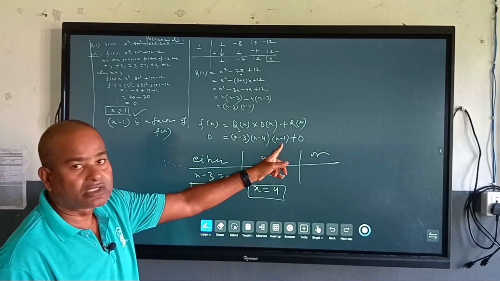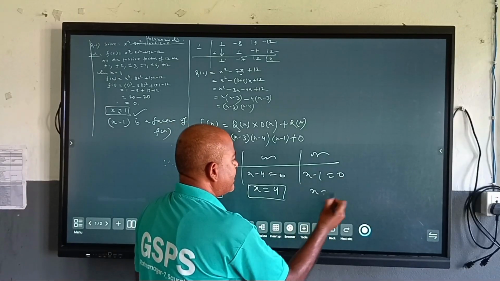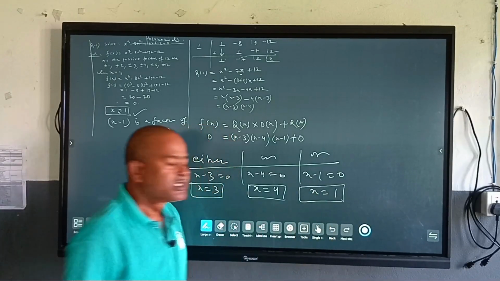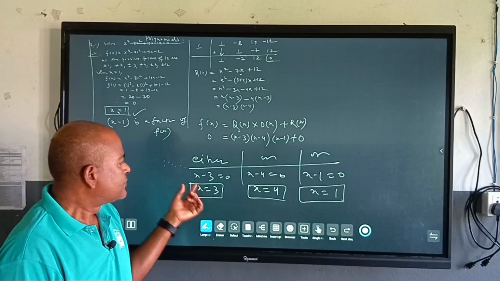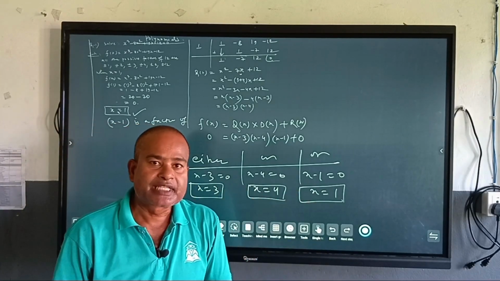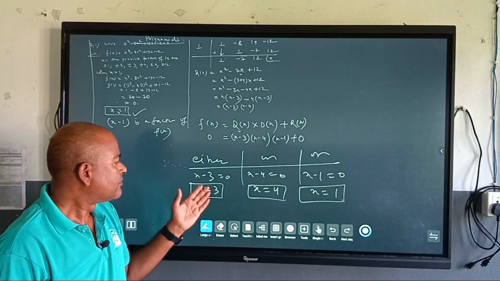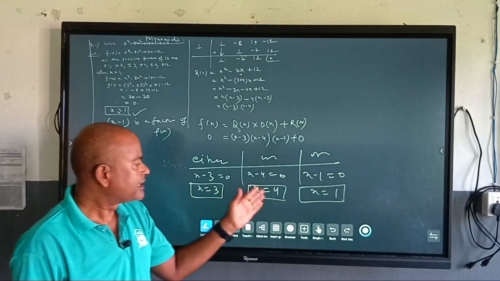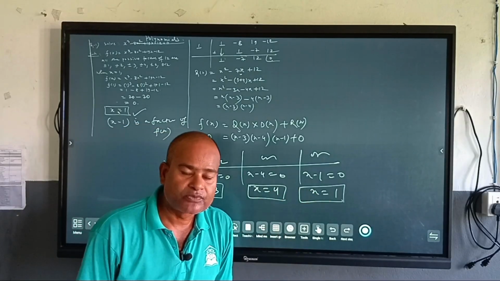And the third factor is x minus 1, so the value of x is equal to 1. We have got three values of x, or three roots of the given polynomial: first x equals 3, second x equals 4, and third x equals 1.